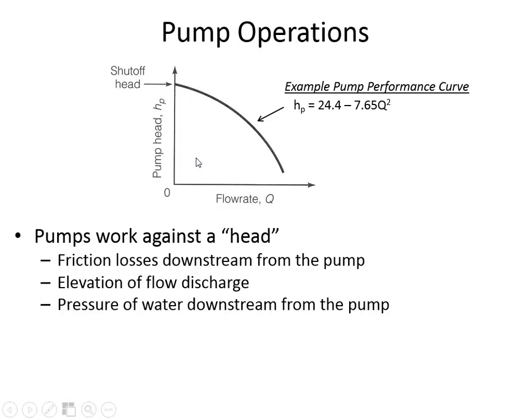And so remember that this graphical curve, the 24.4 in this equation, refers to the shutoff head. So if you were given the curve, you would say HP equals whatever the y-intercept at Q equals 0 is, that first term, and then minus some factor times Q squared. And so you need to plug in a few values to find the correct factor to use for that coefficient before the Q squared.